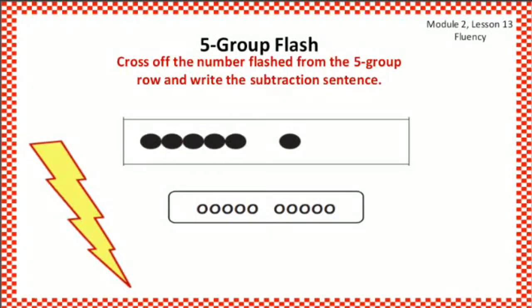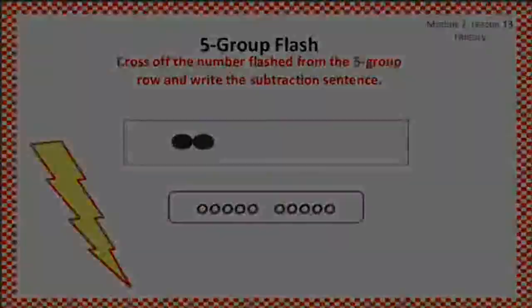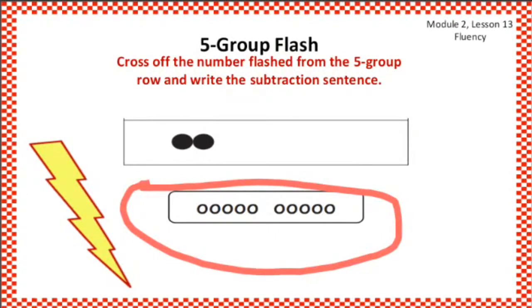Let's take one more before we move on. Oh, I have 2 dots flashed. So let's cross out 2 dots from our 5 group row. Don't forget this is our 5 group row and it is 10. So let's cross out 2. I just crossed out my 2. You see that?